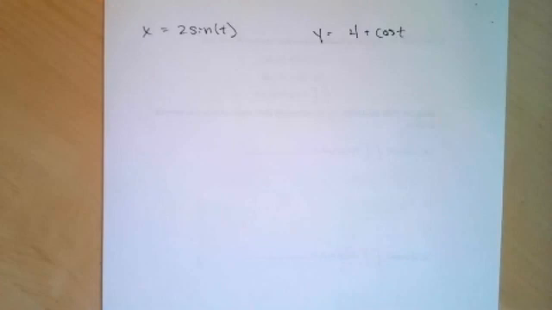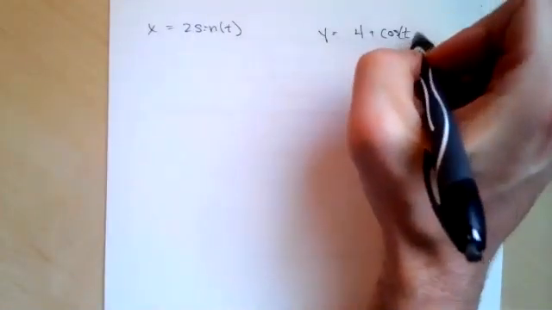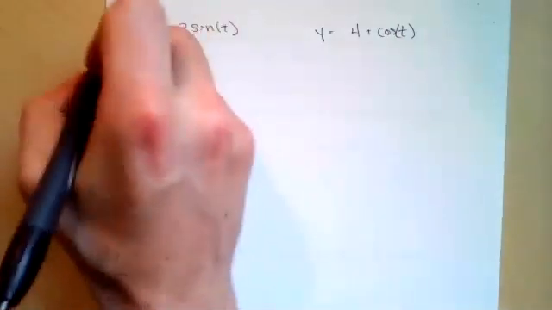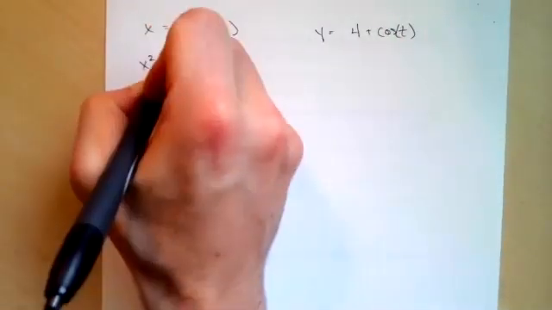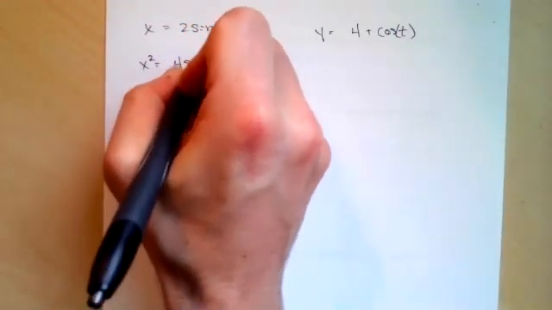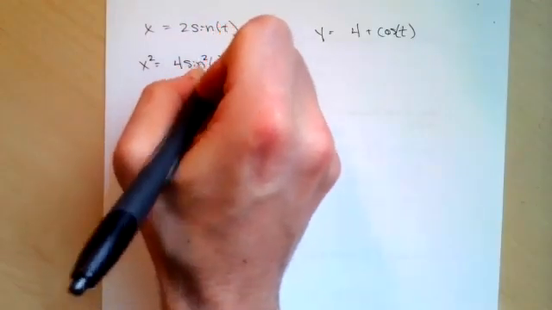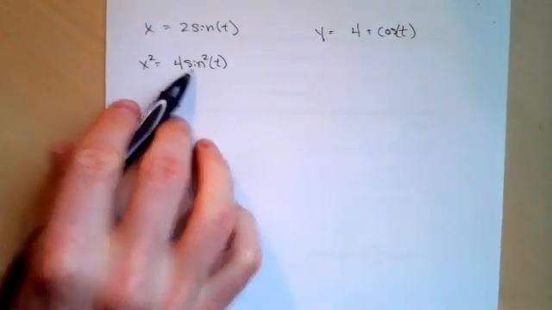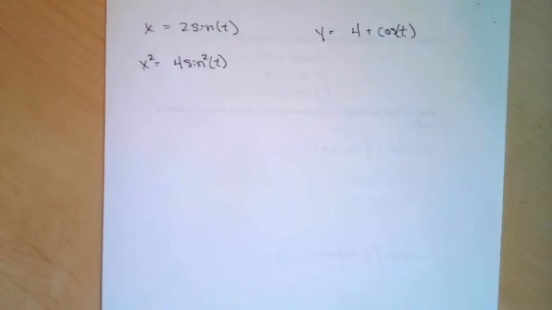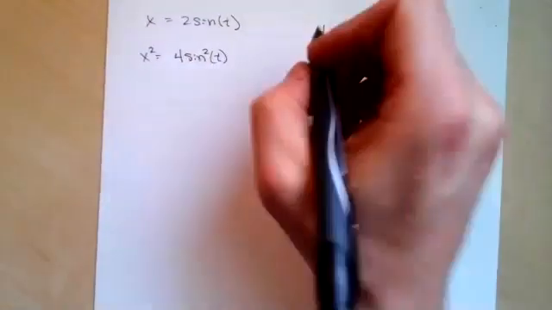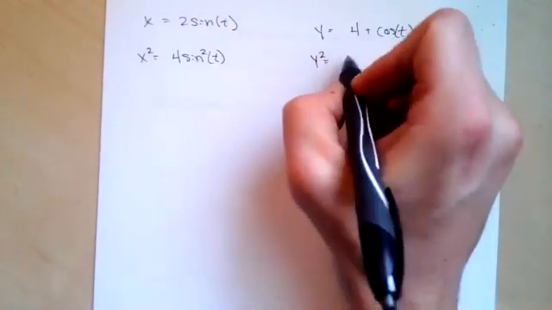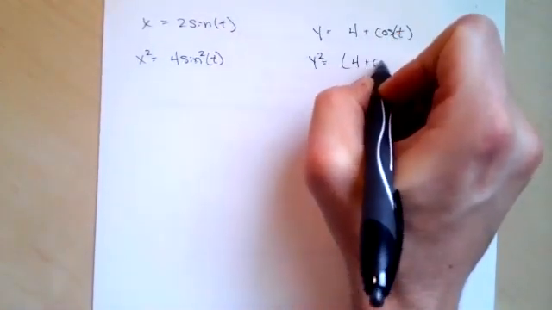And there's a couple ways to go about this. We could try to compute x squared and just see what happens. That'll give us a 4 sine squared t. And that's pretty nice. That sine squared, of course, is in the Pythagorean identity. But what's going to happen if we try to compute y squared? We have to square this entire guy out.